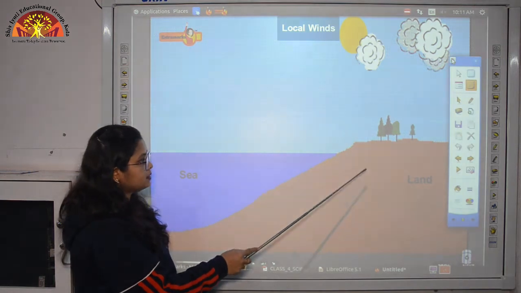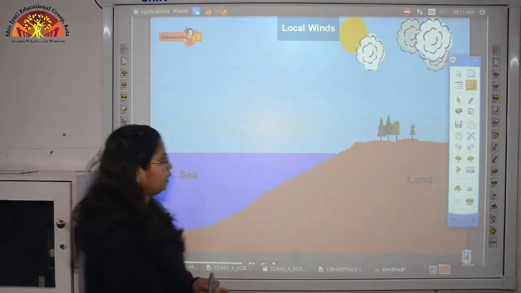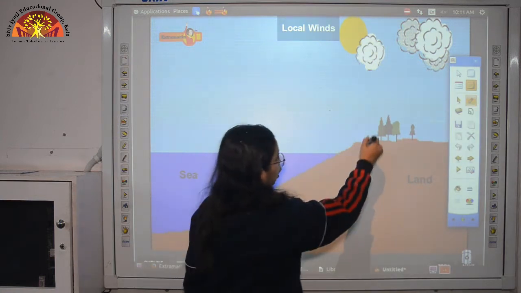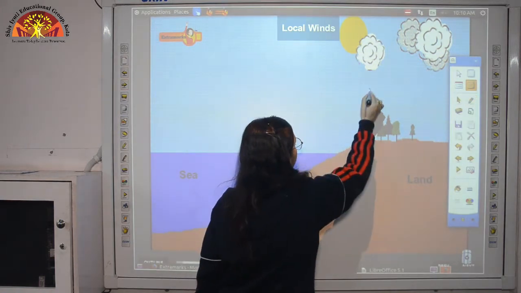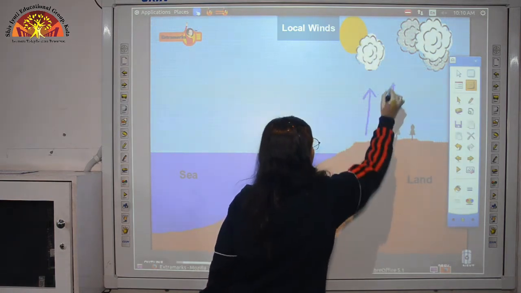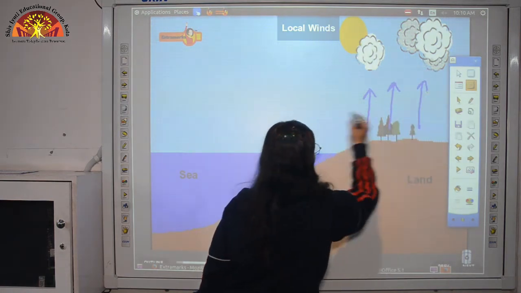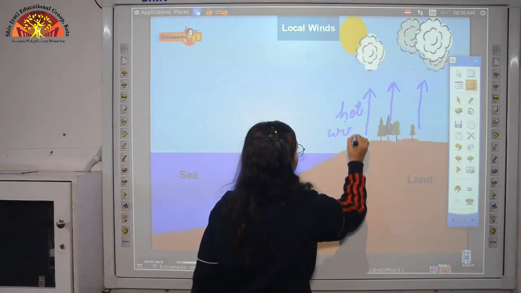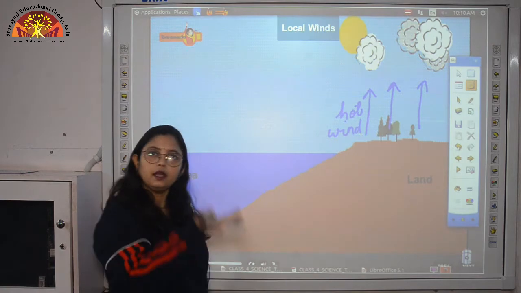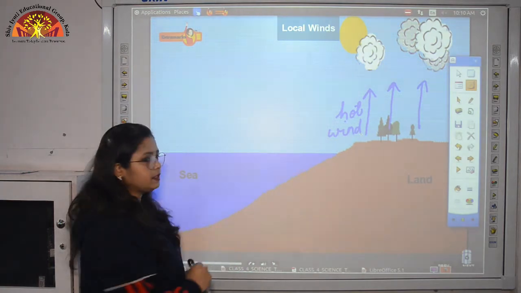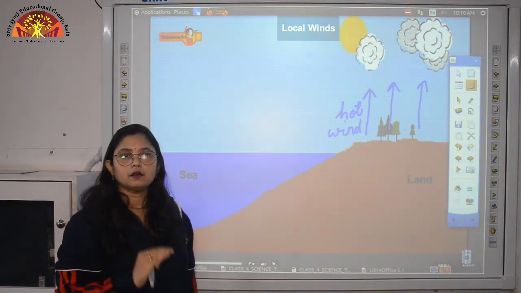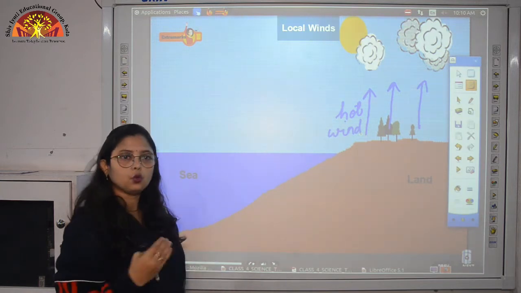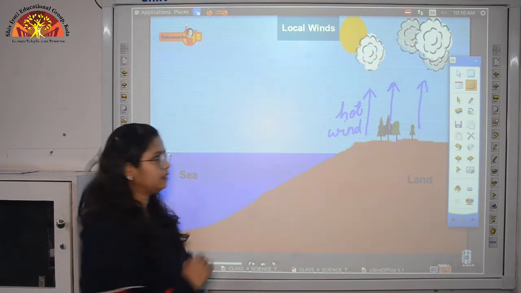Now when land gets heated up, what happens over here? The hot wind starts rising up. These are the hot winds. They start rising up because they become lighter. Now when they rise up, what happens? The air above the sea, above the water, is cooler as compared to the air above the land.